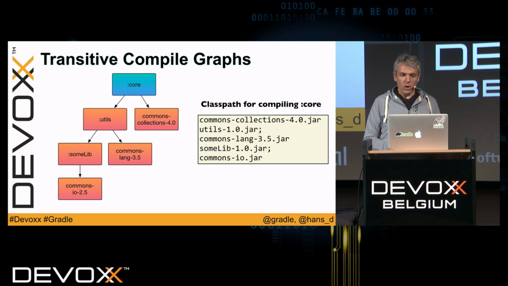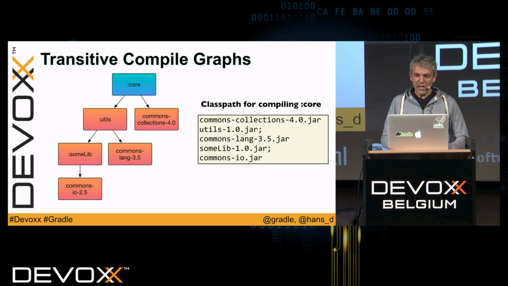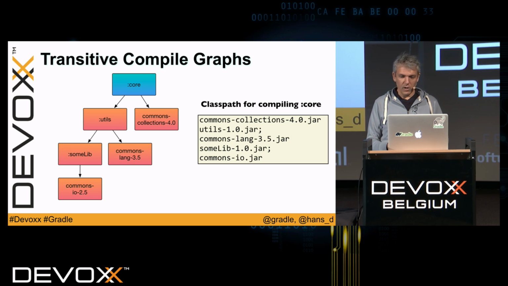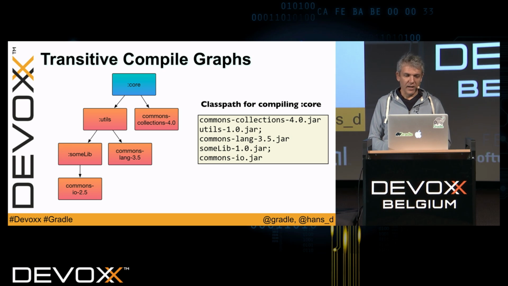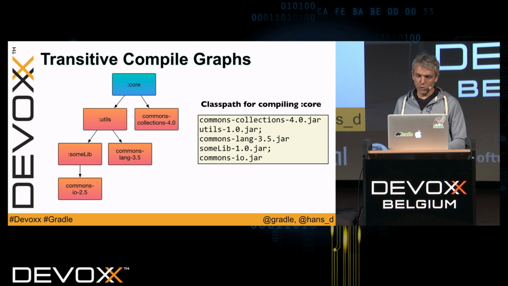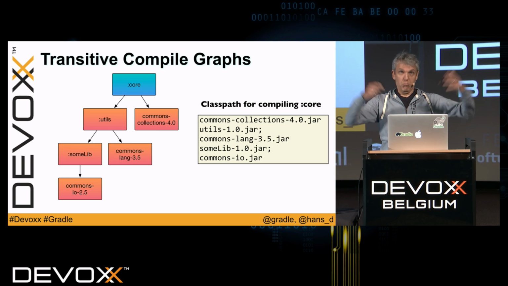So first of all, you pay a price for that. From an API perspective, the build system assumes, for example, that the utils API consists of all the classes of utils as well as all the classes of sumlib plus all classes of commons lang and all classes of commons IO. Big API.